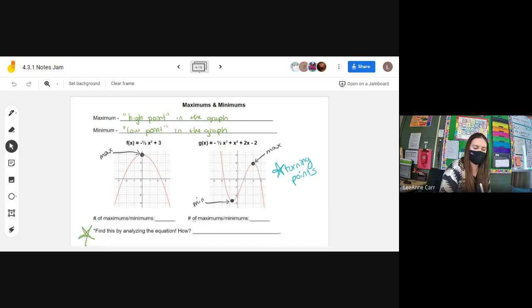Our rule for this is that we do the degree minus 1 to find out how many maximums or minimums there are. So if I look back at this original equation, what's our degree in this first one, Caitlin?